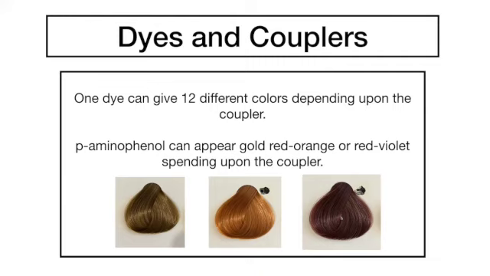So if I wanted to make a soft red that was more golden in appearance, I'd just use a lot of the gold coupler and just a tiny bit of the red-orange or the red-violet.